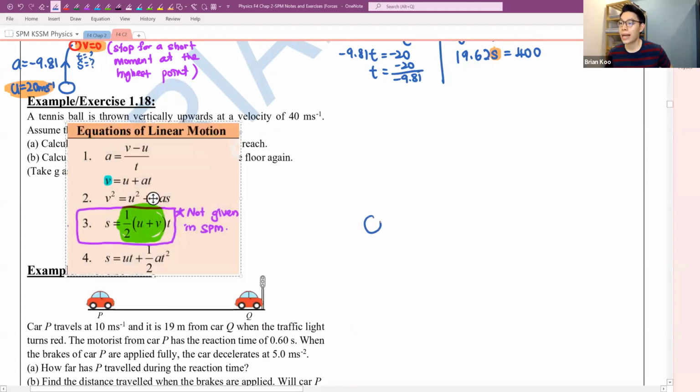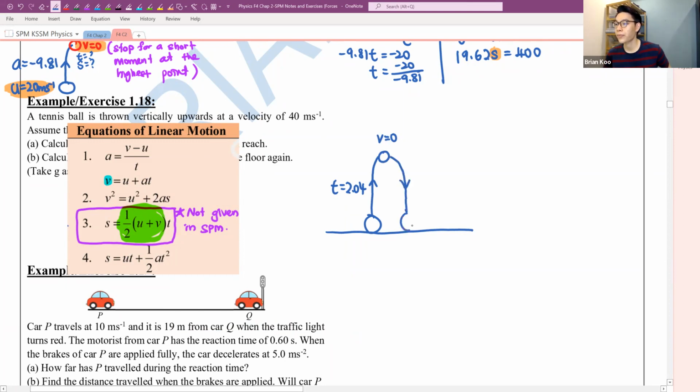If you throw something up, the time taken just now was 2.04. And then you will reach this highest point and you will rest for a while, just a short moment, just a split second before it comes down, right? The time here will also be the same.